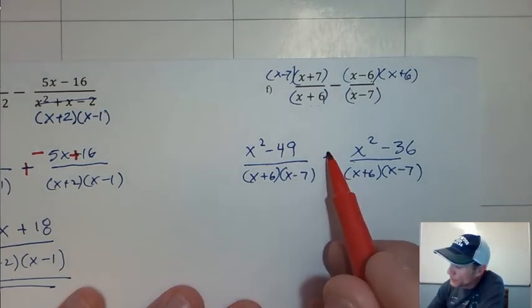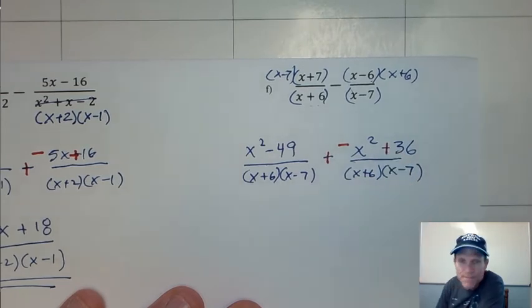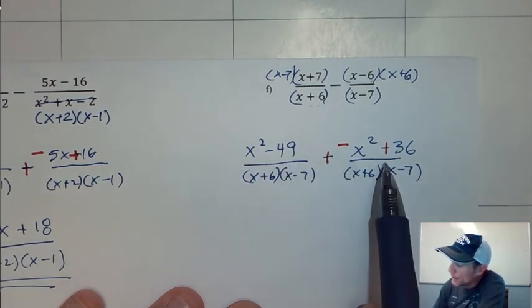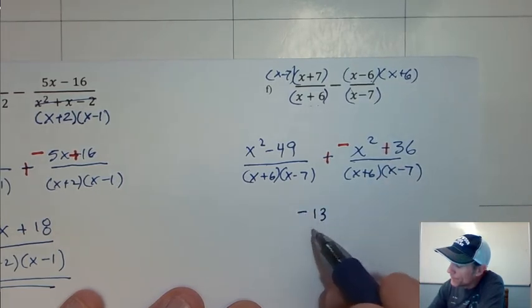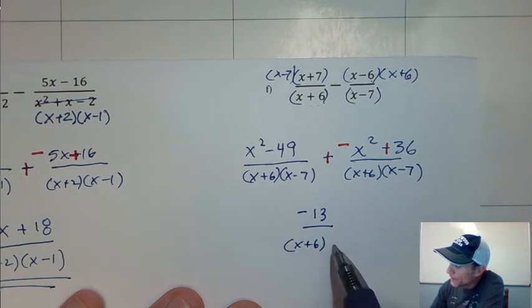So here I'm going to change this to plus, minus, plus, because of the subtraction. And I end up with, well, the x squareds cancel out, and I have negative 13 over x plus 6, x minus 7.